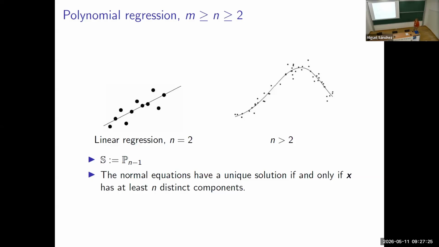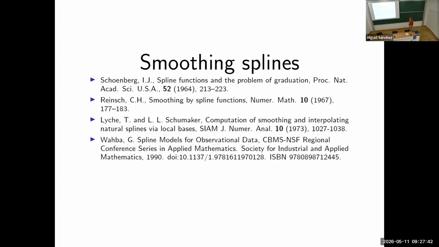And if n is bigger than 2, you have more than 2 basis functions, then you would fit a polynomial if you don't want a straight line. It makes sense. So what I will talk about now is smoothing splines.